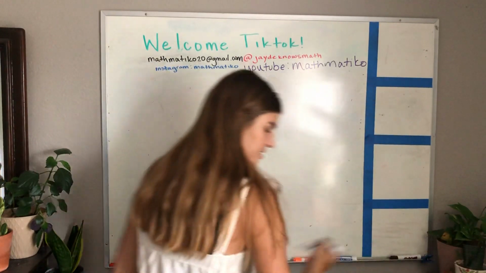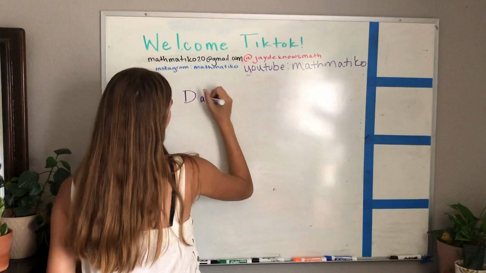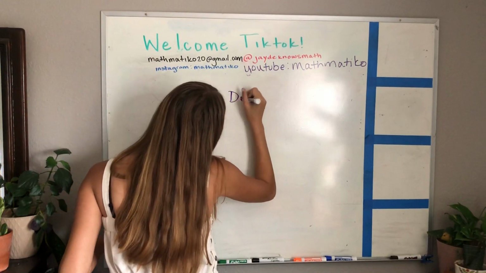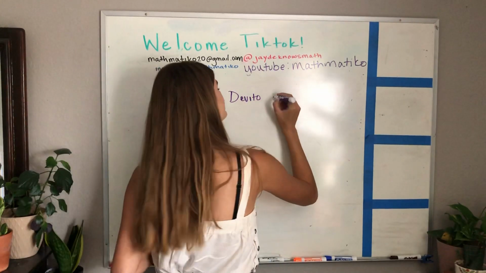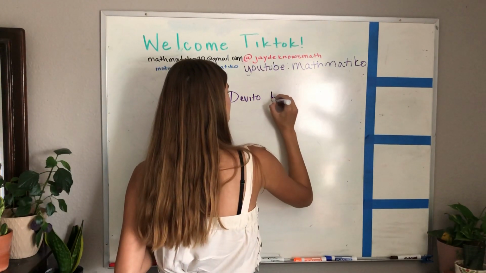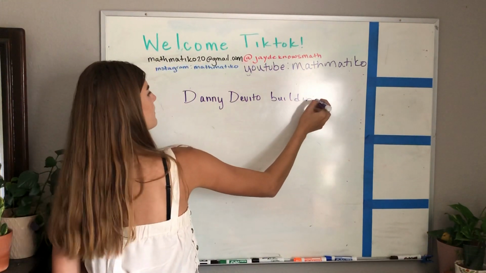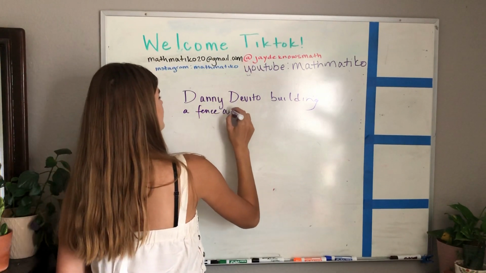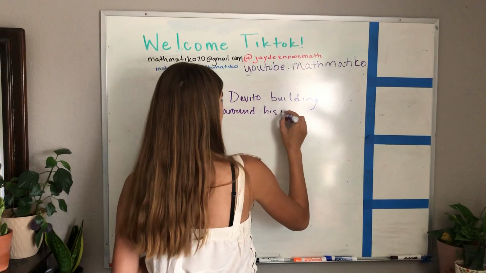Our next problem, oh, that one was pretty fun. Our next problem is an area problem. We have a lovely Danny DeVito building a fence around his yard.